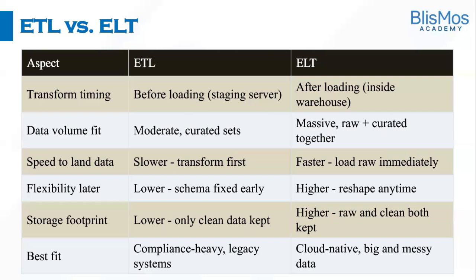Coming to speed and performance, ETL uses a separate server for transformation, reducing the load on the warehouse, whereas ELT leverages the compute power of modern cloud warehouses like Snowflake, BigQuery, etc.